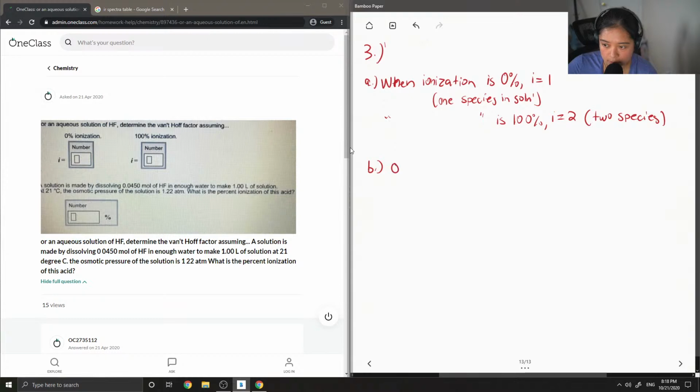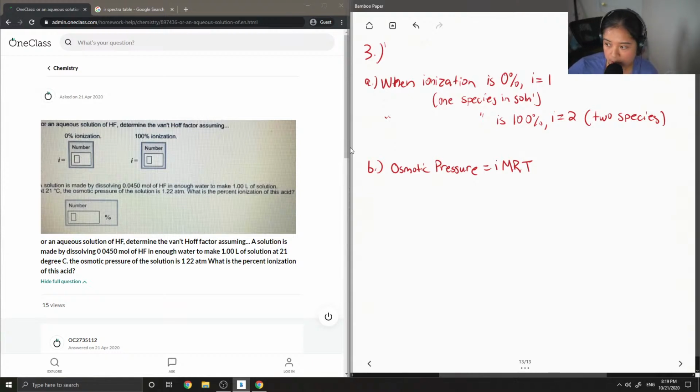So to do that, I'm just going to write down this equation involving osmotic pressure. So this is equal to iMRT, where M is our concentration in moles per liter, and then R is our constant, which I will write down.